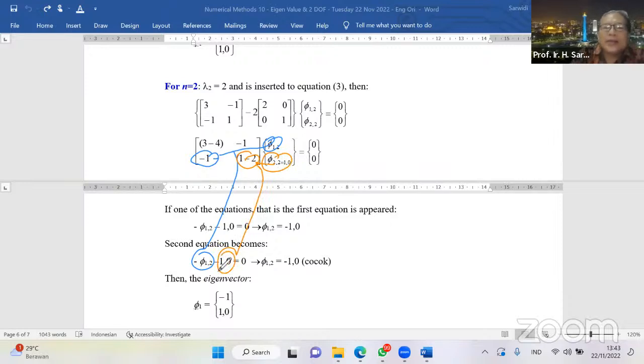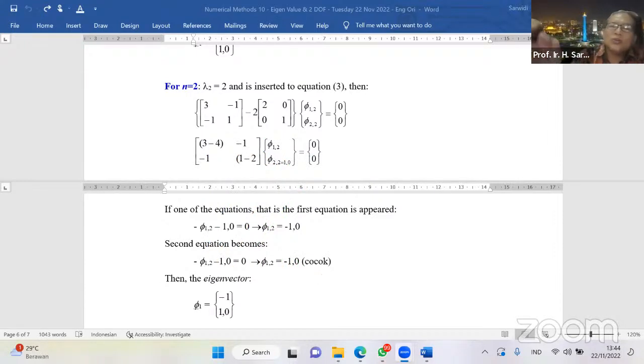And then next, the last one: how about 0 here? Because this is the second equation, 0 here is this one. So phi 1.2 is -1, and accordingly similar. In Indonesian we call it cocok, matching, in accordance.